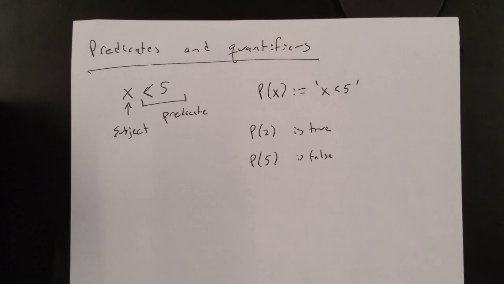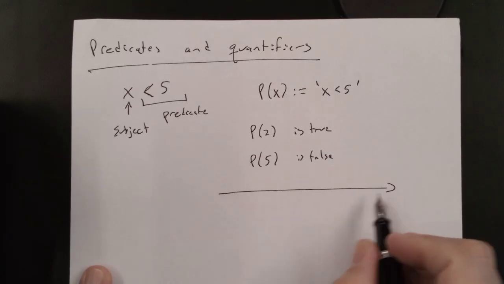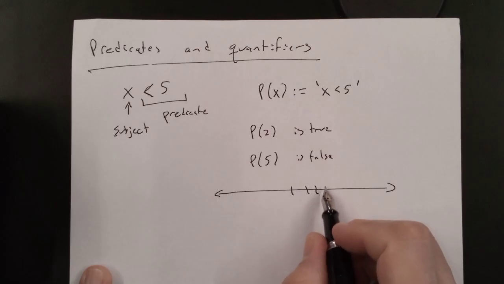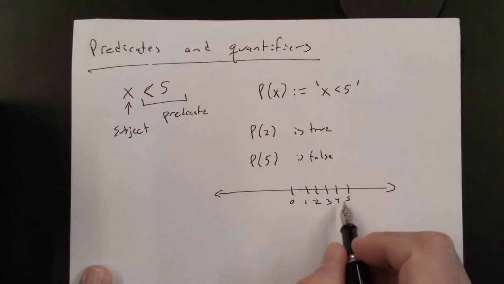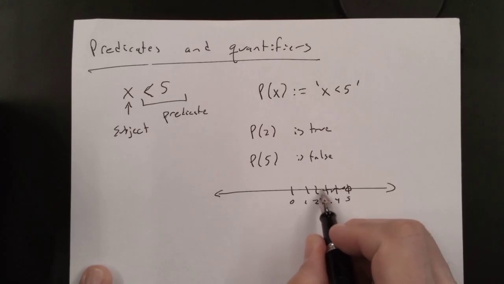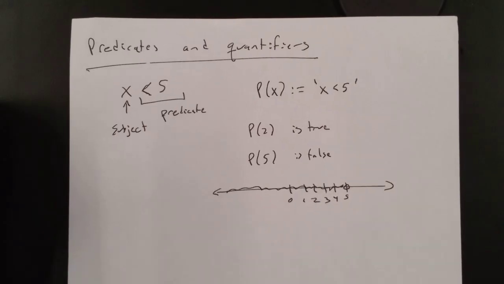And if I do that, I'd shade in all those numbers, right? I remember this. This is a truth set for the relationship X is less than 5. That's what a graph is.